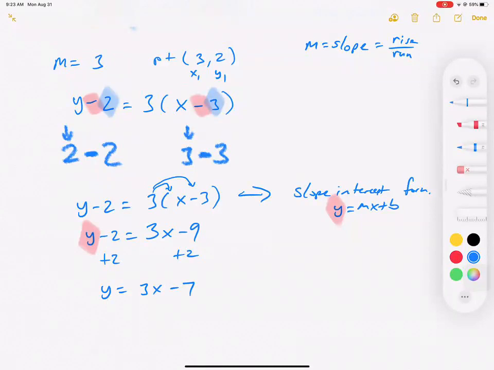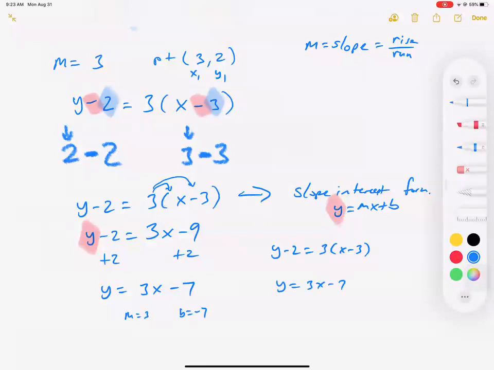Now we can think of this as a regular graph with a slope and y-intercept. Our slope is now 3, and our y-intercept is, oops, wrong letter, our y-intercept is negative 7. Now, just to make this fair, is y minus 2 equals 3 times (x minus 3) the same line as y equals 3x minus 7?